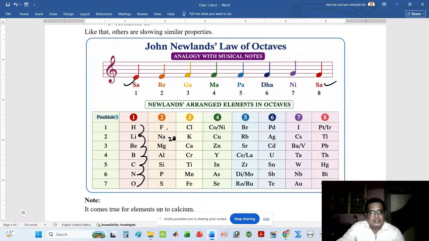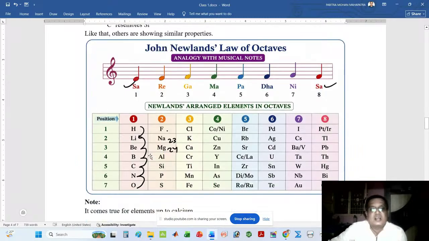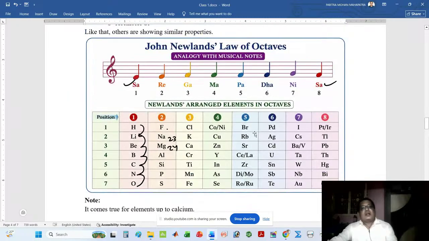Like that, the atomic mass increases. The elements are arranged according to the increasing order of their atomic mass. Look at that. Here, hydrogen, lithium, beryllium, boron, carbon, nitrogen, oxygen all belong to the first note. So they have similar property.